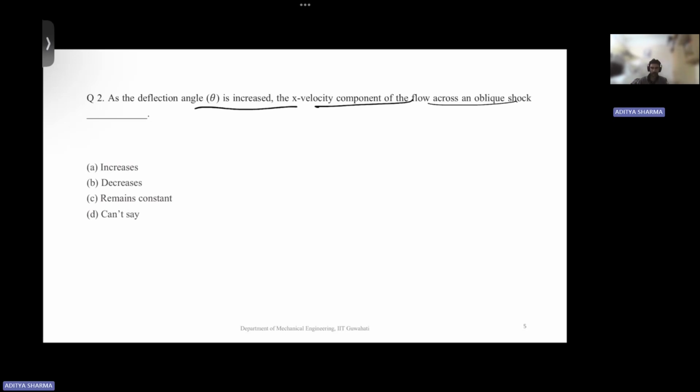Then the next question is, as the deflection angle is increased, what happens to the x velocity component?